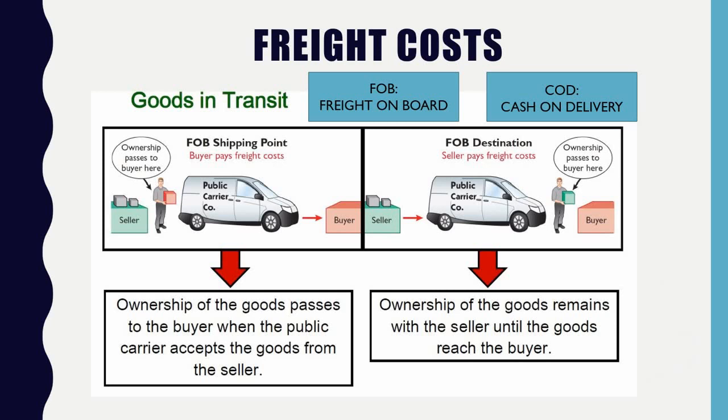The seller is still responsible because they're paying for the shipping. They are also responsible for anything that happens. So that's why if you don't receive your package, you call up the vendor and say, hey, I didn't receive my package. So therefore, the seller is responsible to either send out a new one, refund the money, etc., etc.